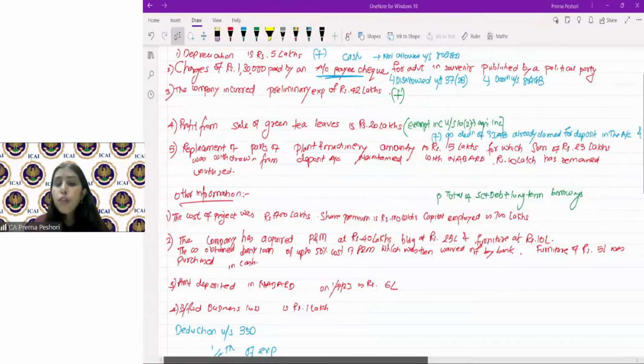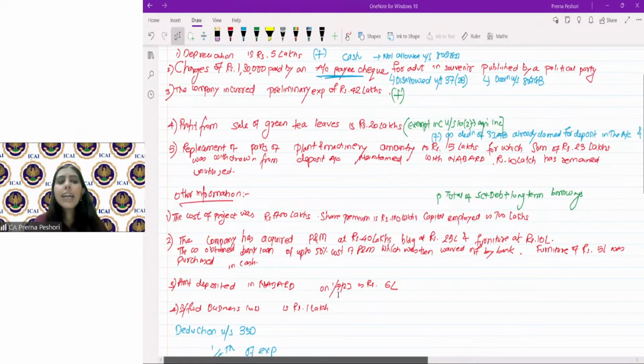Now, the amount withdrawn. If the amount is withdrawn and it is not utilized, where any amount from the special account from NABARD is withdrawn and is not utilized, then the unutilized amount shall be deemed to be business income.